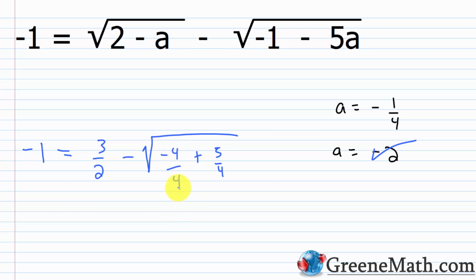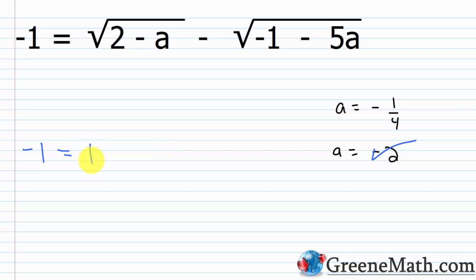Negative 4 plus 5 is 1, so this would be 1/4. I can break this down into the square root of 1 over the square root of 4. Square root of 1 is 1, square root of 4 is 2. So this is 1/2. So 3 minus 1 is 2, over 2. 2 over 2 is equal to 1.